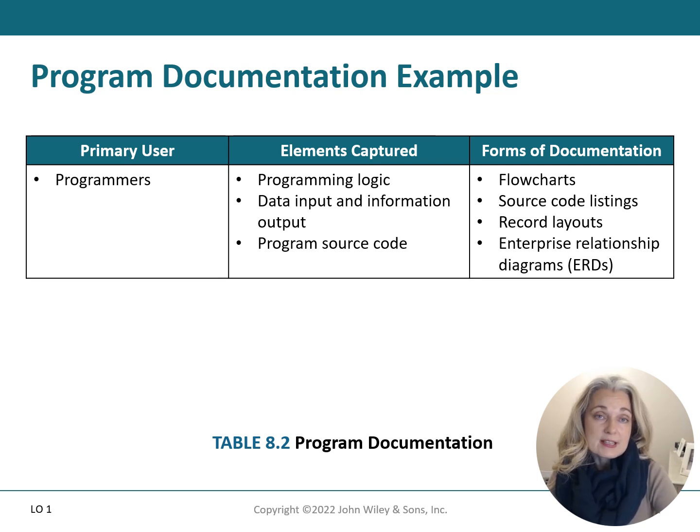The elements that this documentation captures include the programming logic, data input and information output, and the program source code. And what you will find in this type of documentation includes flowcharts, source code listings, record layouts, and entity relationship diagrams.